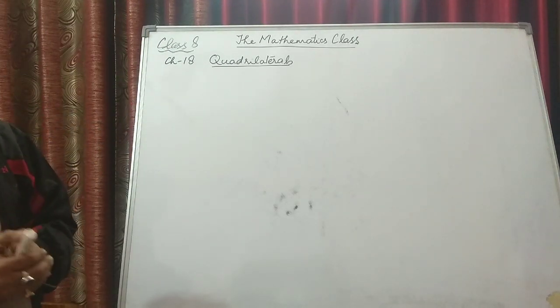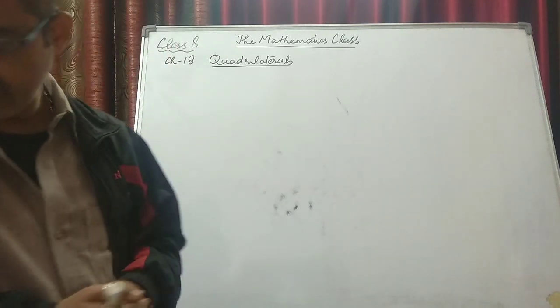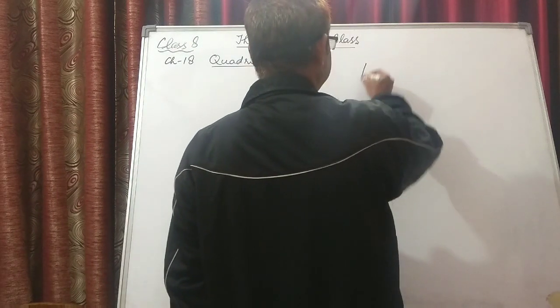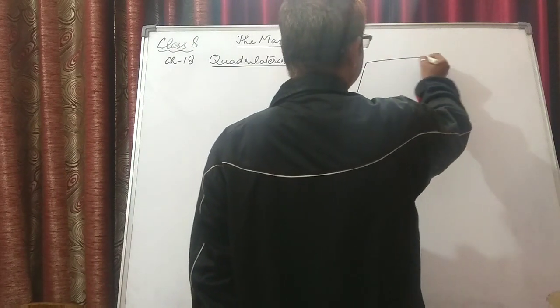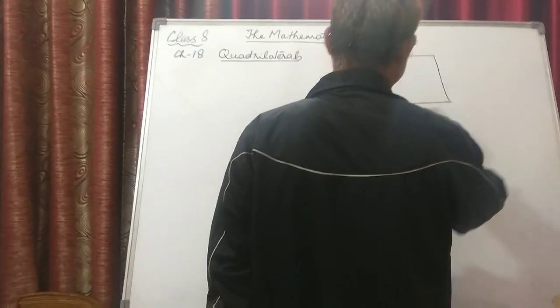So first of all, what is a quadrilateral? Quad means 4. So a plane figure bounded by any 4 straight lines is known as a quadrilateral.